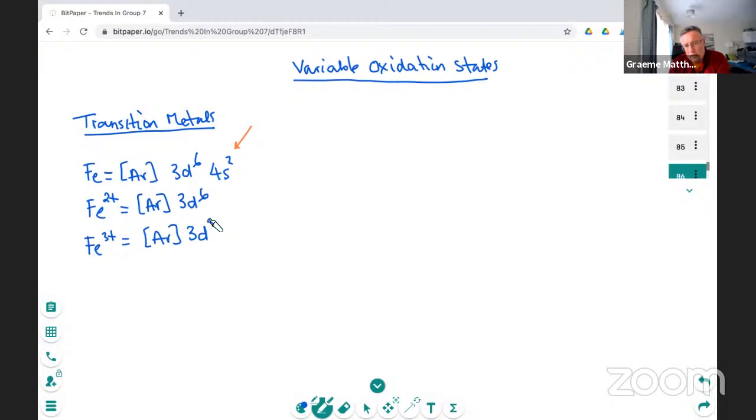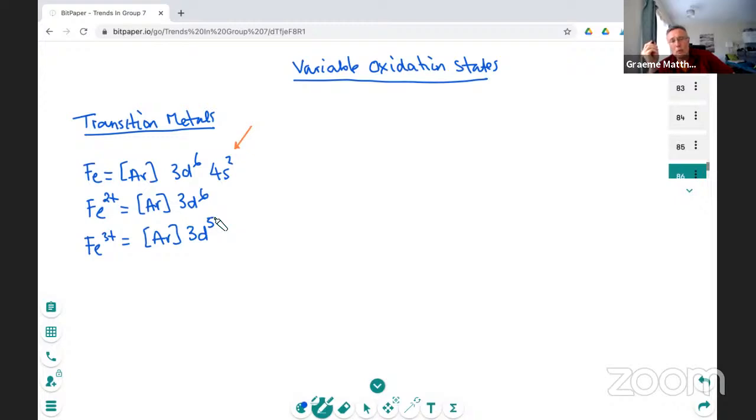Now you're thinking, half-filled d subshell, nice and stable. So iron 3+ is a good one. Would I go lower than Fe3+? For example, could I have Fe8+, where I removed the extra 3d subshell valence electrons?